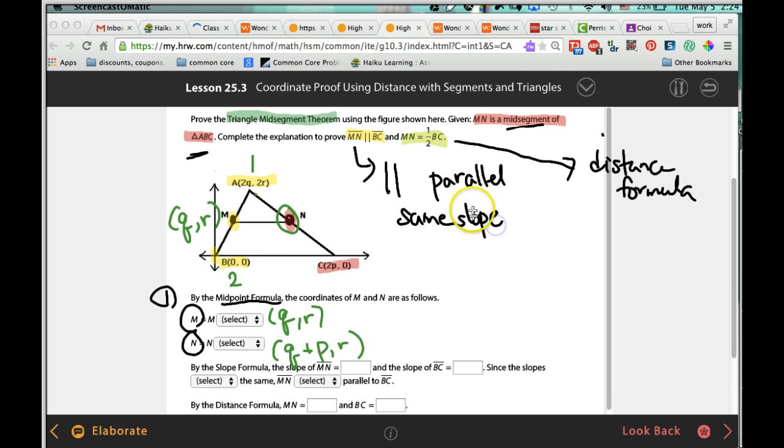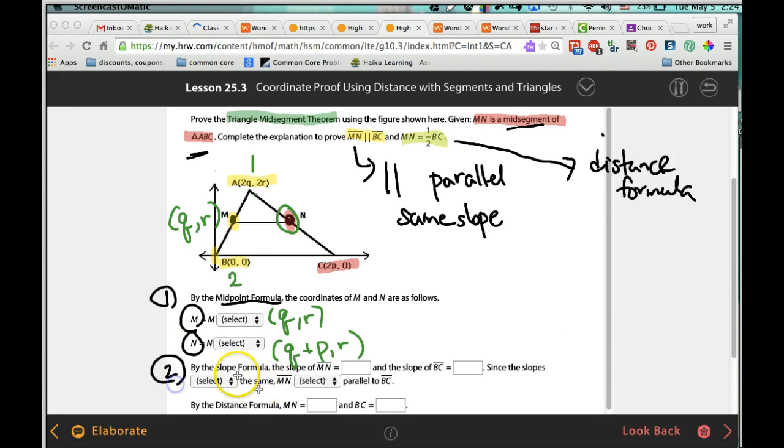So we are looking for 2 things. Number 1, to make sure that these 2 are parallel, we got to make sure that the slope is the same. And to make sure that the length of MN is half of BC, we got to use the distance formula so we can figure out how long they are. So let's move on to step 2.